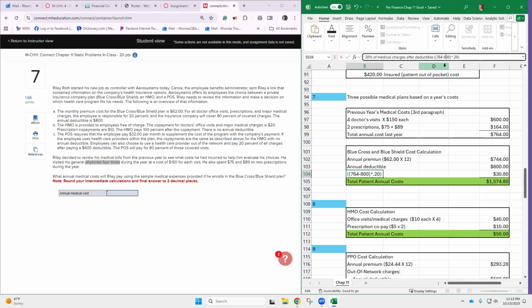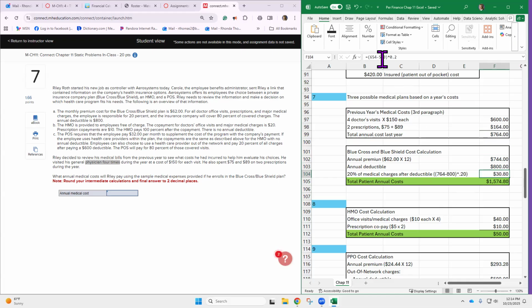Okay. So whatever he had done last year, he would have had to pay the $800. His deductible is higher than the healthcare cost he had the year before. Okay, so now let me calculate this where it goes.